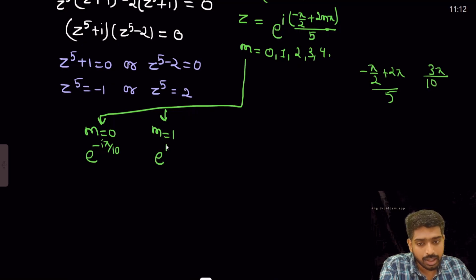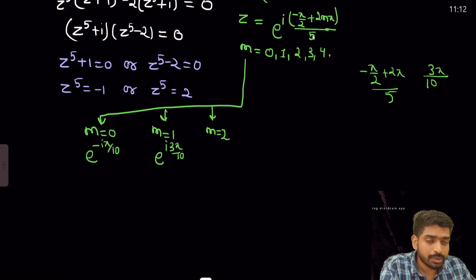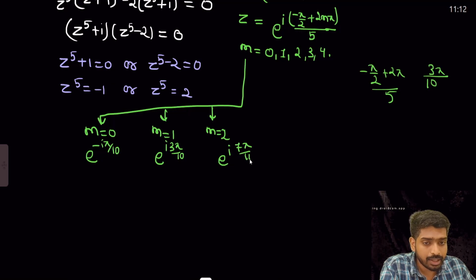So we get e to the power iota 3 pi by 10. When I keep m value as 2, I'll get 4 pi. 4 pi minus pi by 2 is 7 pi by 2. 7 pi by 2 by 5 is 7 pi by 10, so I'll get e to the power iota 7 pi by 10.